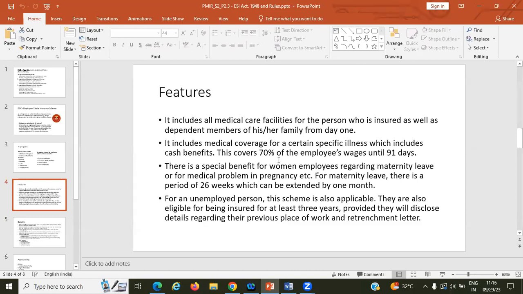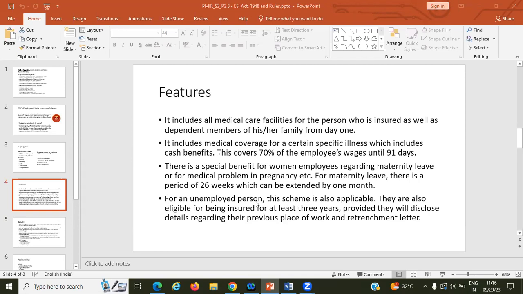For a non-employed person, in case of unemployment, you can also claim the ESI. Suppose you are not working, you are unemployed, this scheme is also applicable.